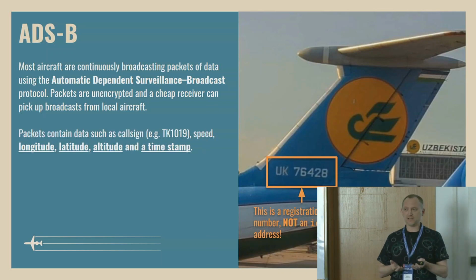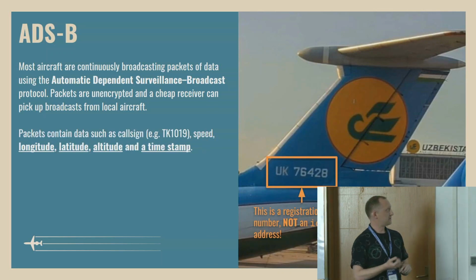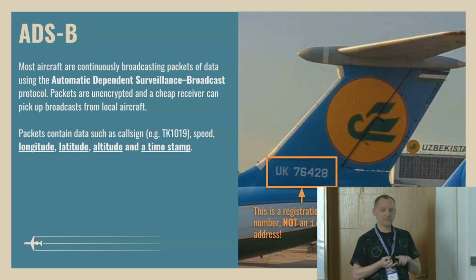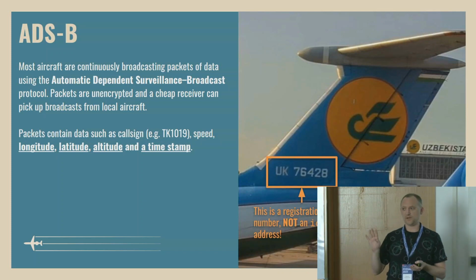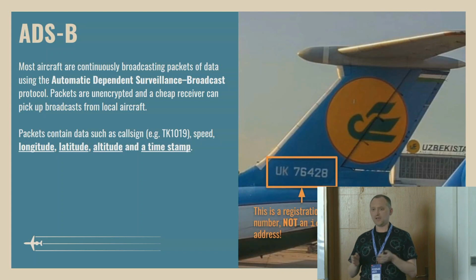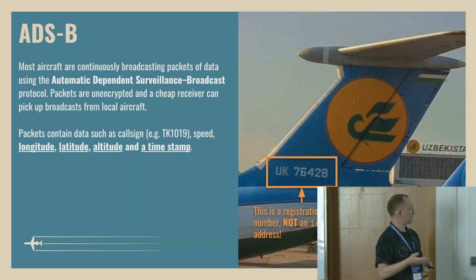The packets contain information such as the call sign, so we saw that in the table that we created, right, TK1019. They also have longitude, latitude, altitude, and a timestamp. And of course, you'll recognize that as the 4 things that we have for each of the vertices in our path, right? X, Y, Z, and M.